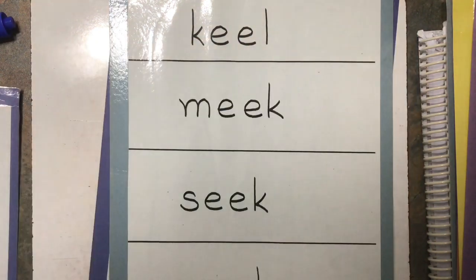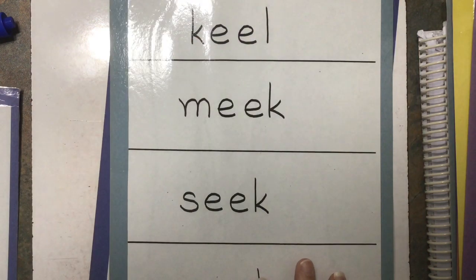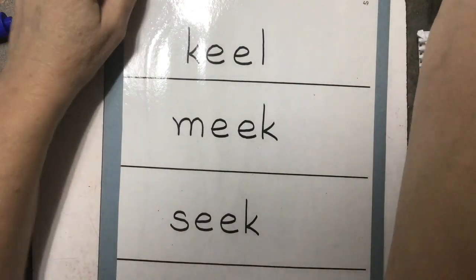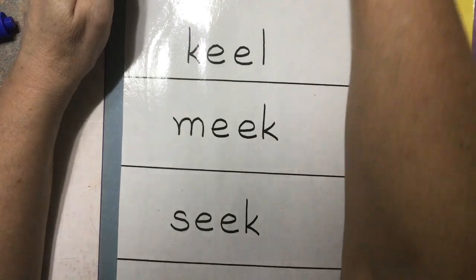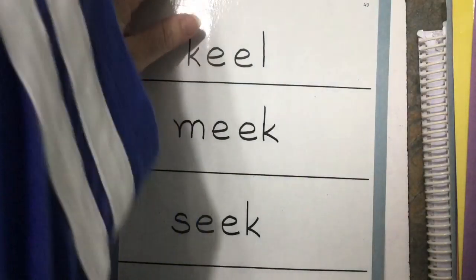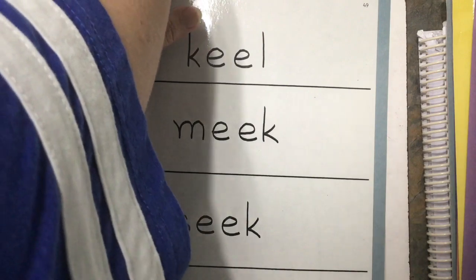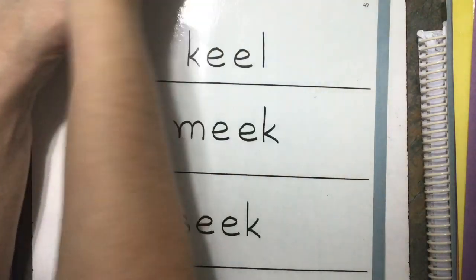Okay, let's put it into some words. So we need to have a vocabulary paper ready. Remember, we folded a piece of paper into 4 sections and then we drew the lines for those sections so that we would know where to put our different vocabulary words.